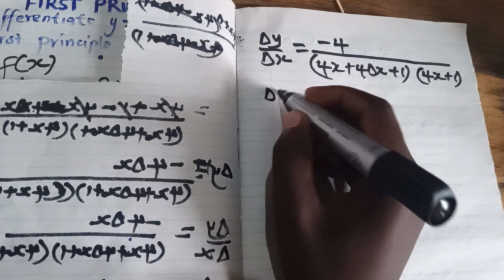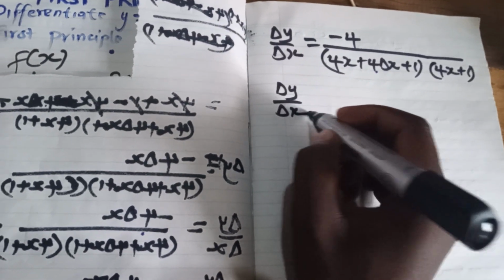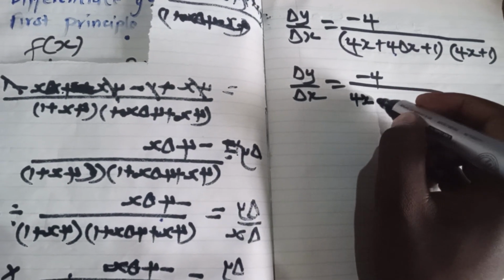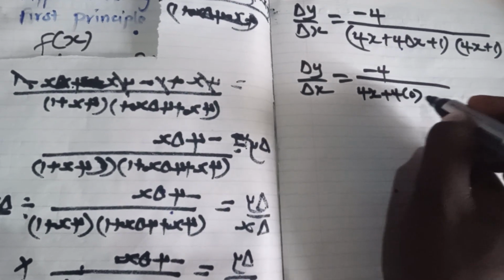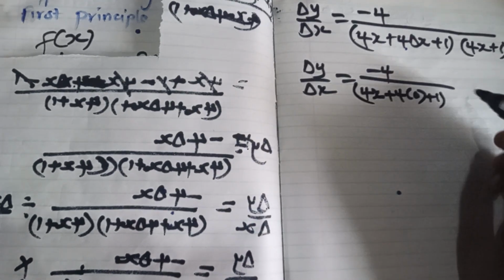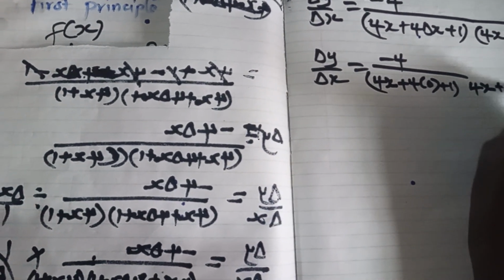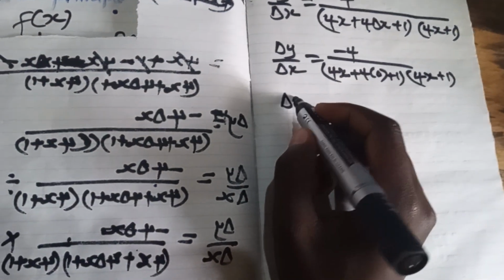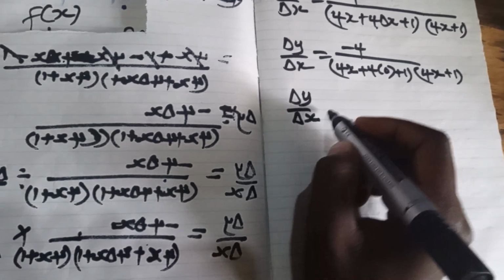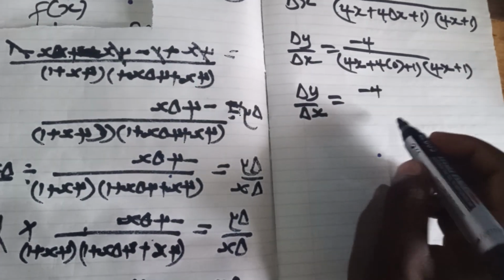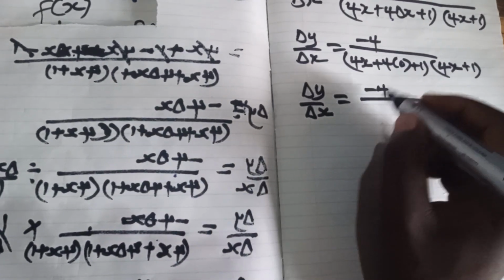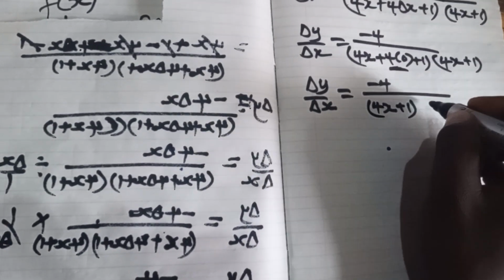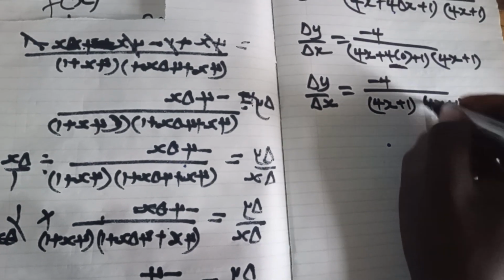So we'll have change in y over change in x being equal to negative 4 all over 4x plus 4 into 0 plus 1, multiplied by 4x plus 1. Are we getting it? Then we'll have negative 4 all over, this one is going to cancel out, we'll have 4x plus 1 multiplied by 4x plus 1.